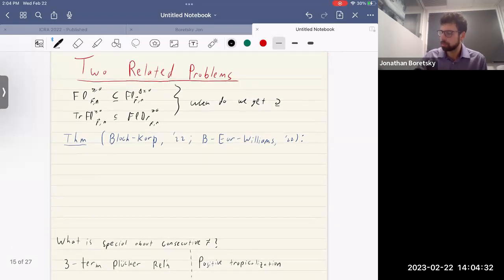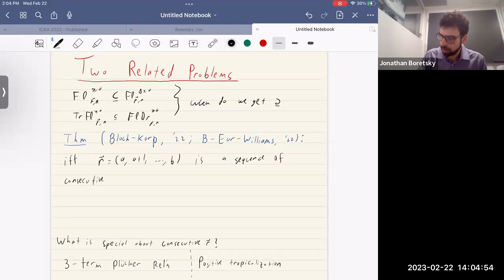And the theorem, which comes from two places, from Block and Karp and from myself with Chris and Lauren, is that this is if and only if R is a sequence of consecutive integers. So this in particular includes the example of the Grassmannian, where you have a single subspace, a single rank, a list of a single integer is consecutive.